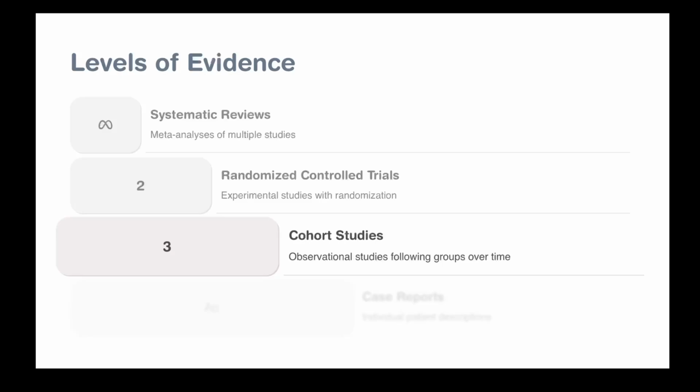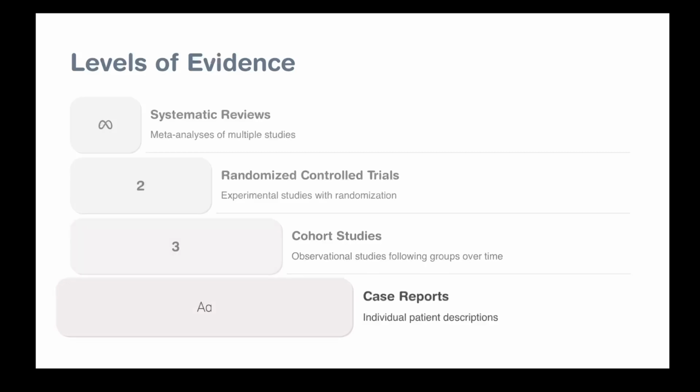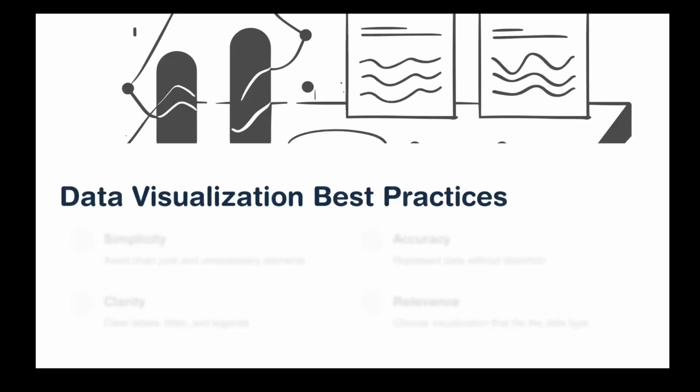And we have cohort studies, where a particular cohort will be studied over time based on the risk factors and exposures, and this is somewhat less when compared to randomized control trials and systematic reviews and meta-analysis. Case reports are individual patient descriptions. These are usually good for rare cases, and this is the lowest level of evidence.